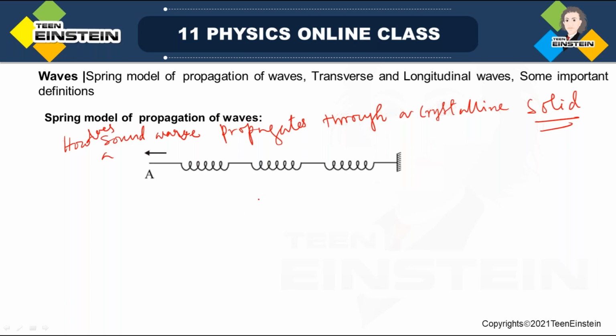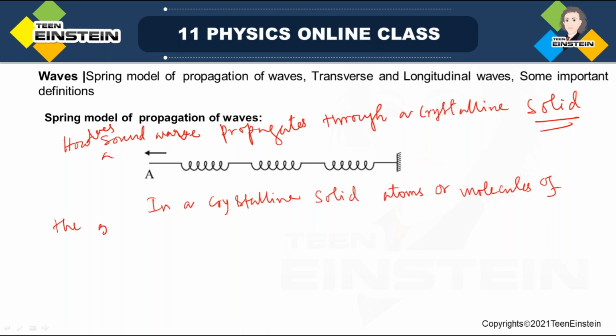Actually, you will be very much surprised to know that in a crystalline solid, where the atoms are arranged in a particular periodic manner, the atoms or molecules of the solid are connected by elastic springs.